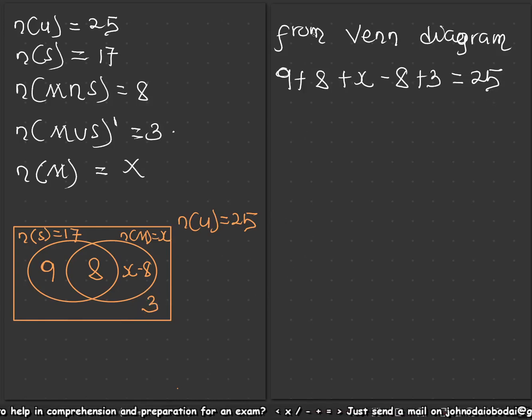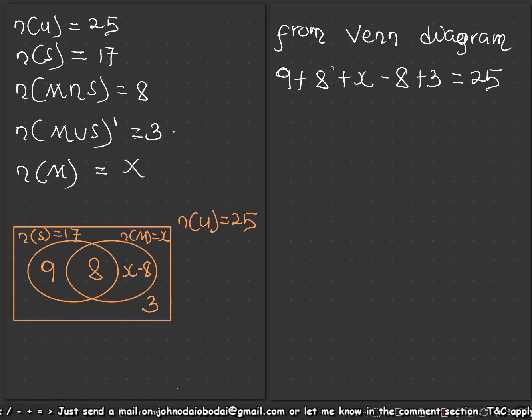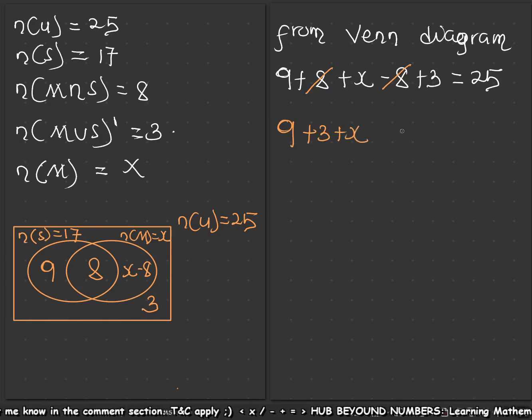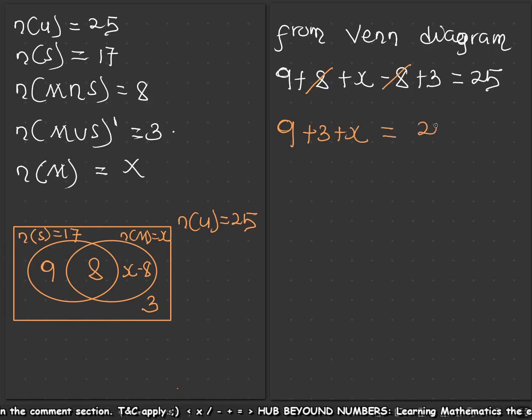And all you need to do now is to make x the subject. Just by looking at what you've written here, you realize that this negative 8 cancels out the positive 8. And with that, we'll be left with our 9, then plus 3 plus x, giving us what?